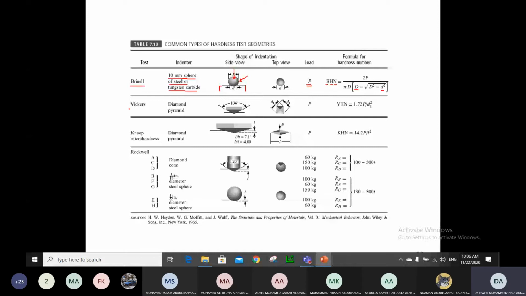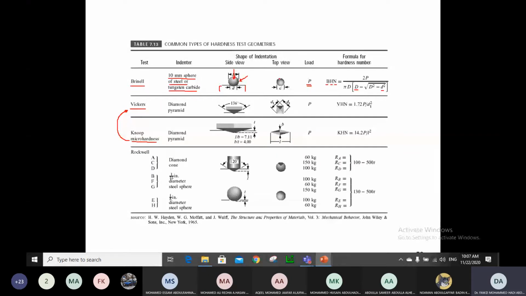Another way of doing that is the Vickers hardness test. As I mentioned also last time, it is also called a micro hardness test. Both of them are called micro hardness tests. Why do we call them micro hardness? Because the indentation is small, and that's why we need a microscope in order to measure the indentation.